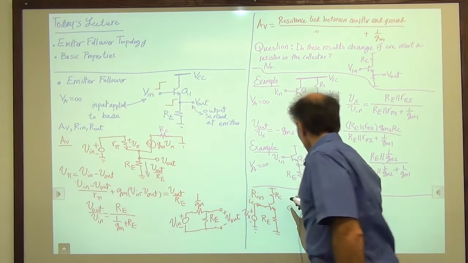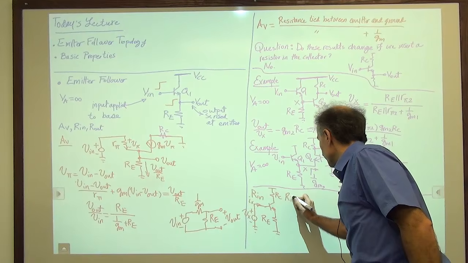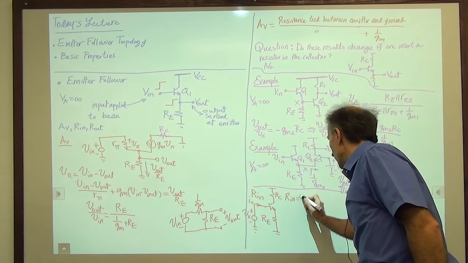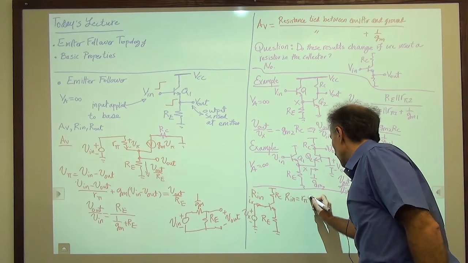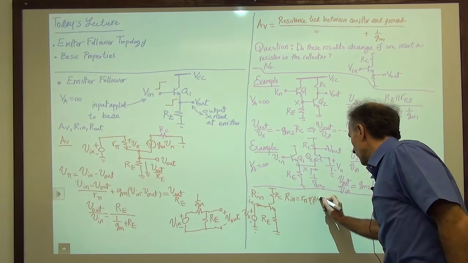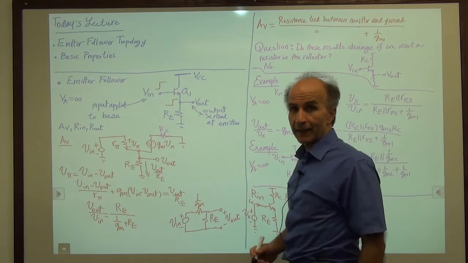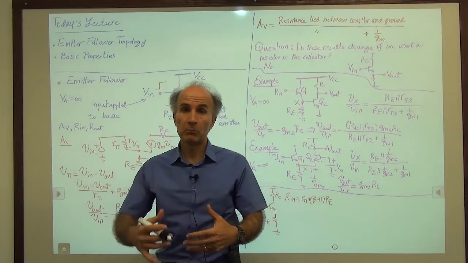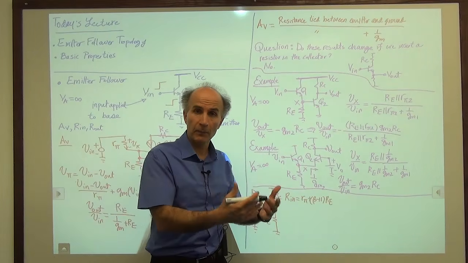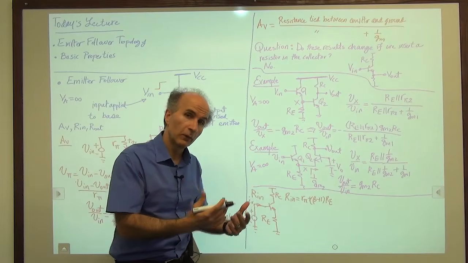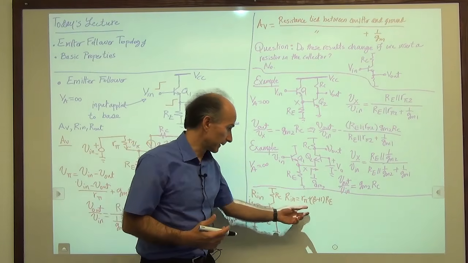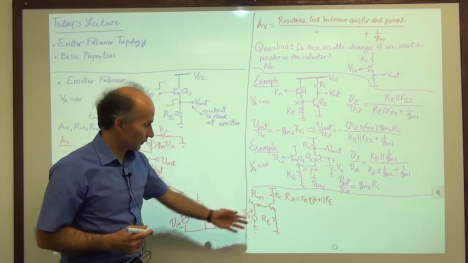So what we know is that R in is equal to R pi plus (beta plus 1) times Re, because we said the transistor takes the emitter resistor and boosts it up by a factor of beta plus 1 before placing it in series with R pi. So that's what it is.